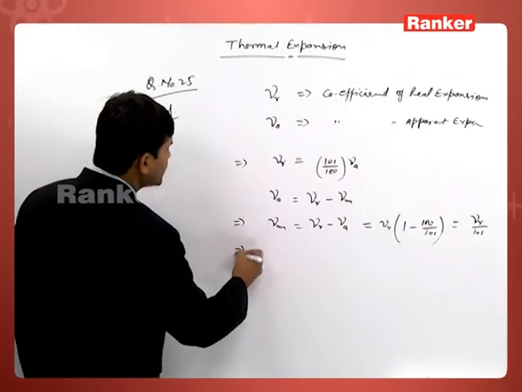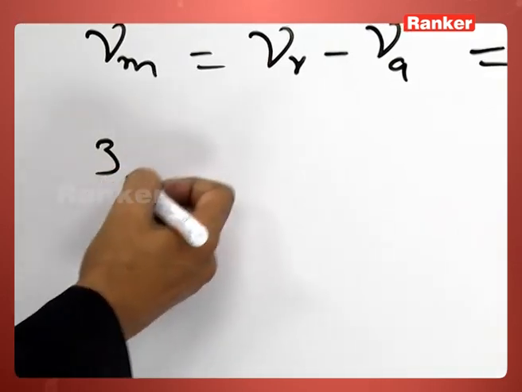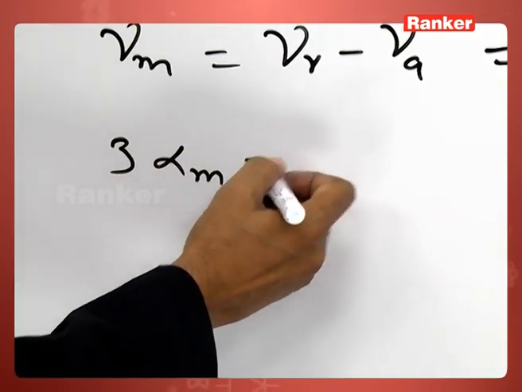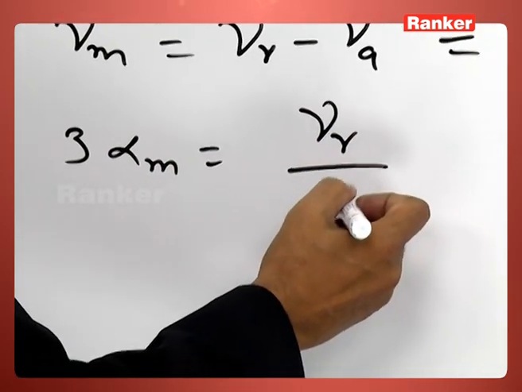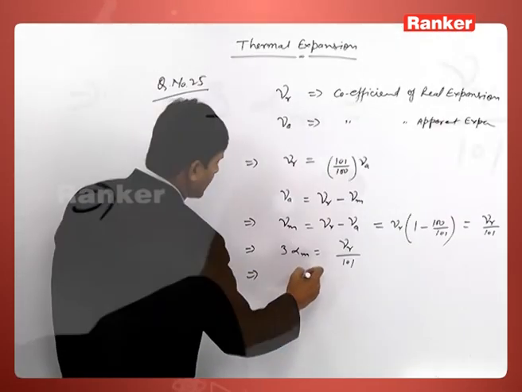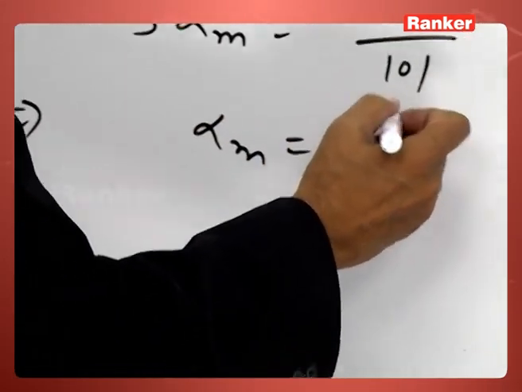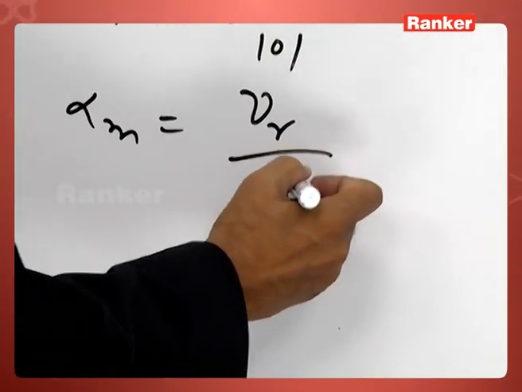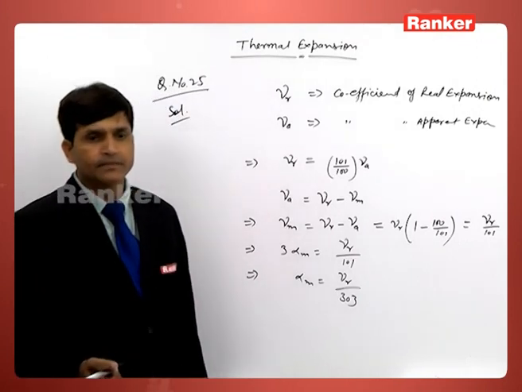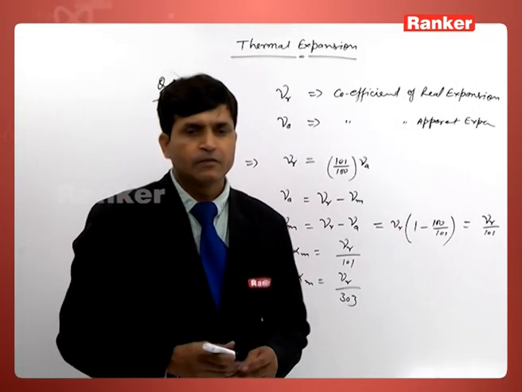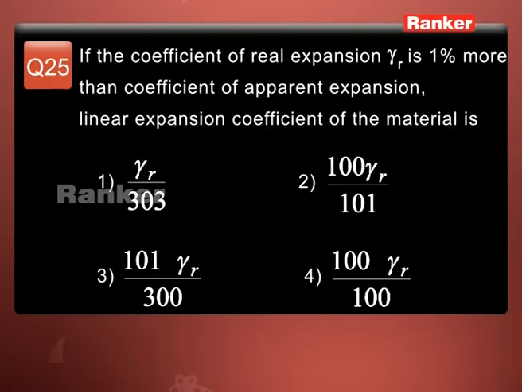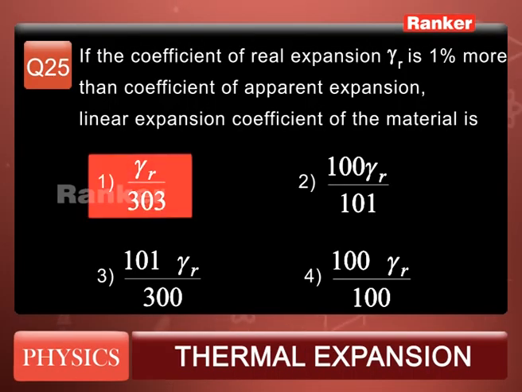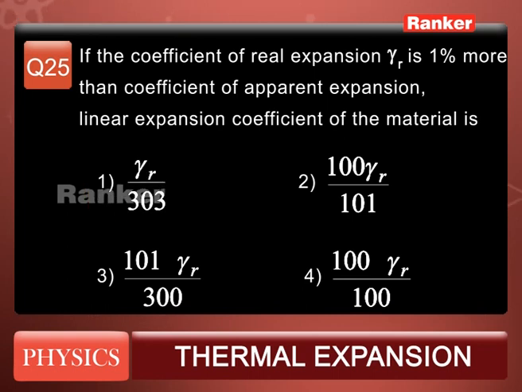And gamma material means 3 times alpha material, which is gamma r by 101. So alpha material is gamma r by 303. This is the coefficient of linear expansion of the material. So option number 1 is the correct option.